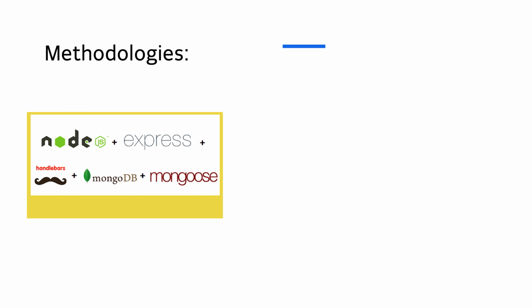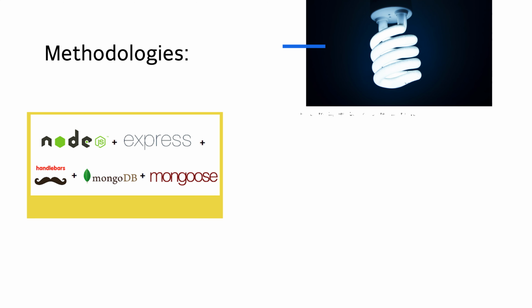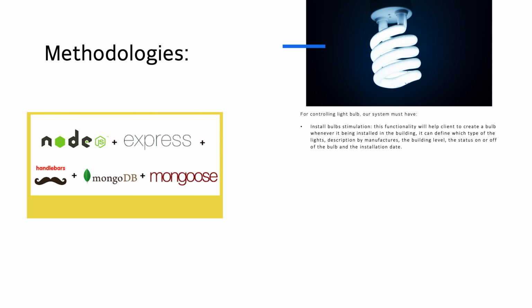And the method I have used. So in the project, the backend is running with Node.js and Express.js. The front end is Handlebar.js, and the cloud provider will be MongoDB Atlas by Azure, and the library I'm using with Mongo is Mongoose, which allows me to generate some controlling light bulb functions, like the install light bulb simulation.